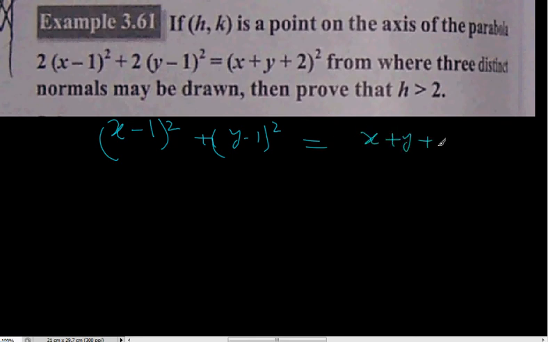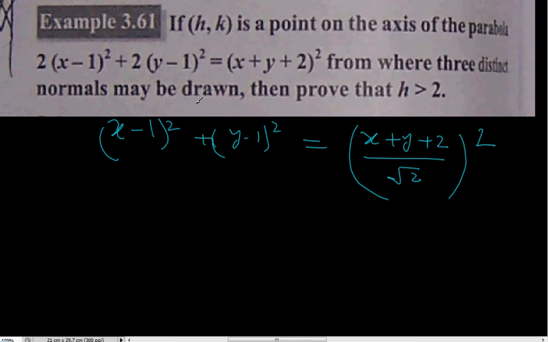This is the problem. If HK is a point on the axis of a parabola, and this is the parabola from which 3 distinct normals may be drawn, then prove that H is greater than 2.